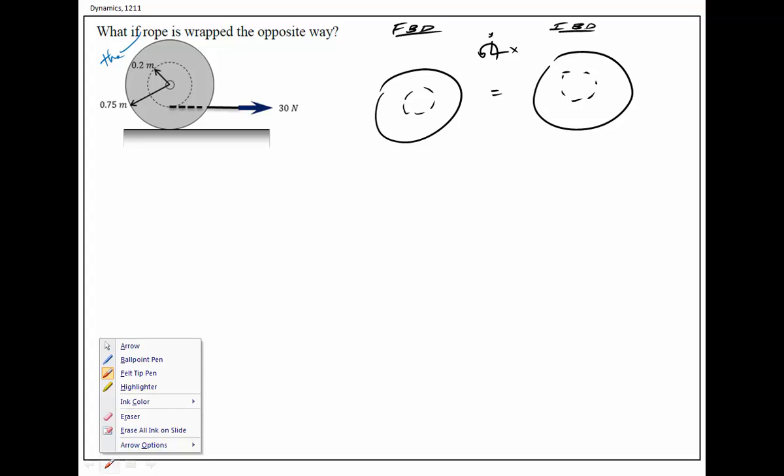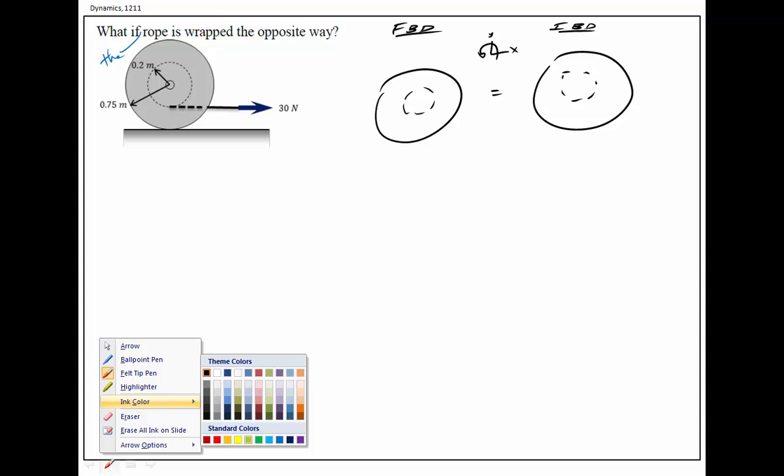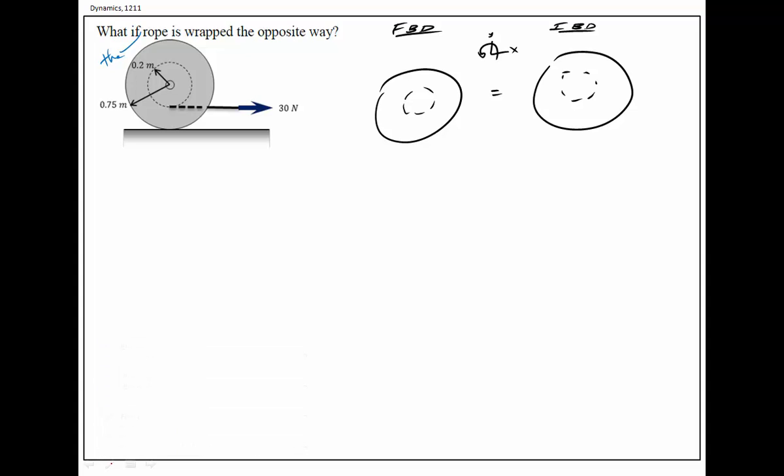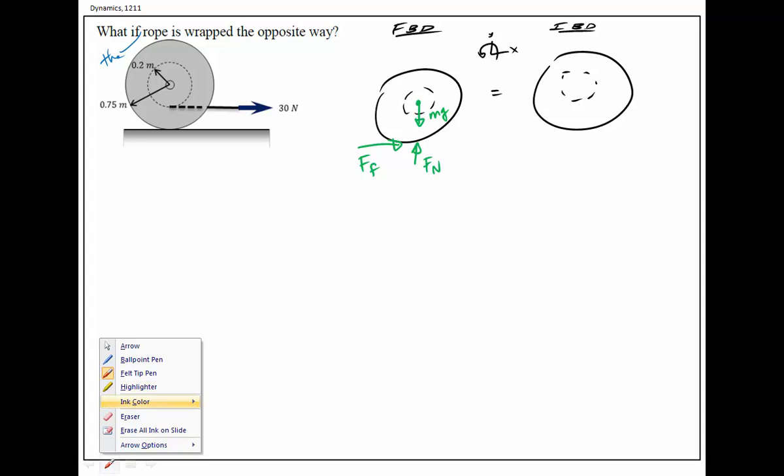All right, so we'll apply our loads, Fn. Once again, friction is to the right, and we're going to have our mass times gravity here. And I didn't do a very good job of labeling this or leaving room for myself, but right here is going to be our 30 newtons acting that way.